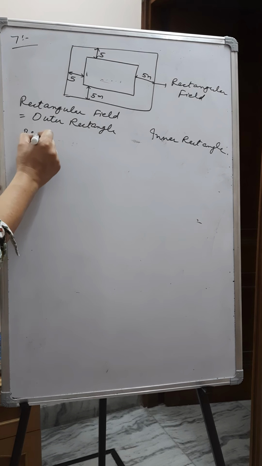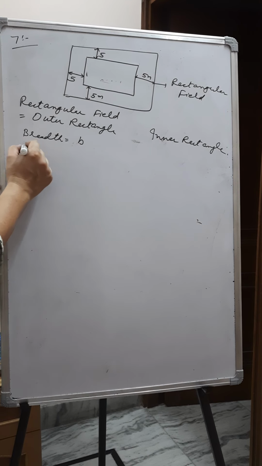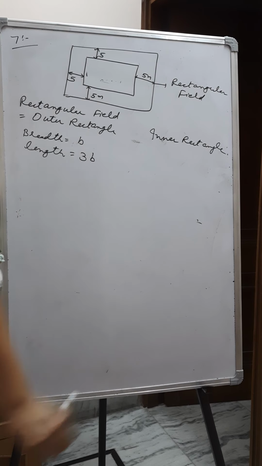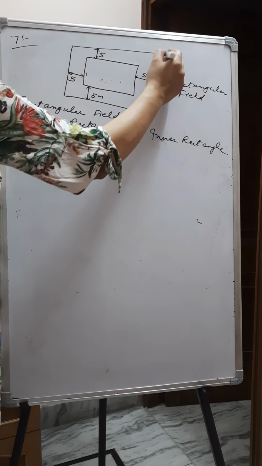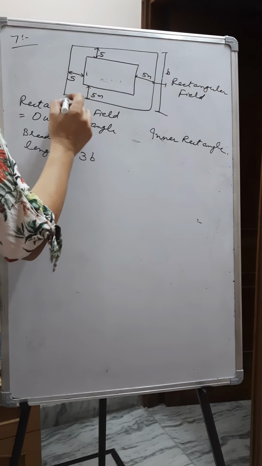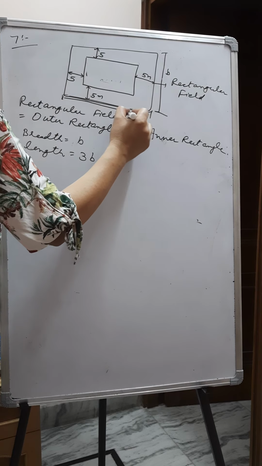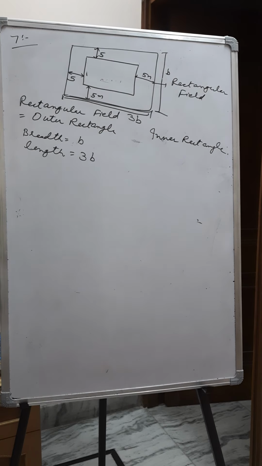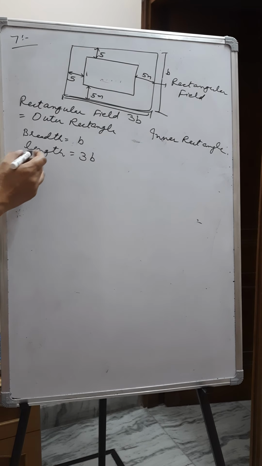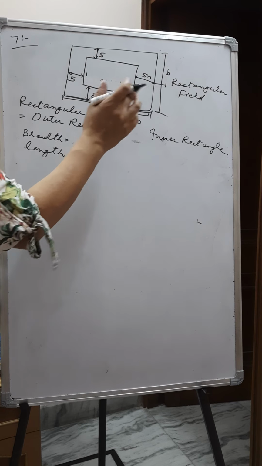If breadth of the outer rectangular field is b, length is 3 times breadth, so this is b, this is b, and this is 3b. These are all the dimensions of the outer rectangular field.